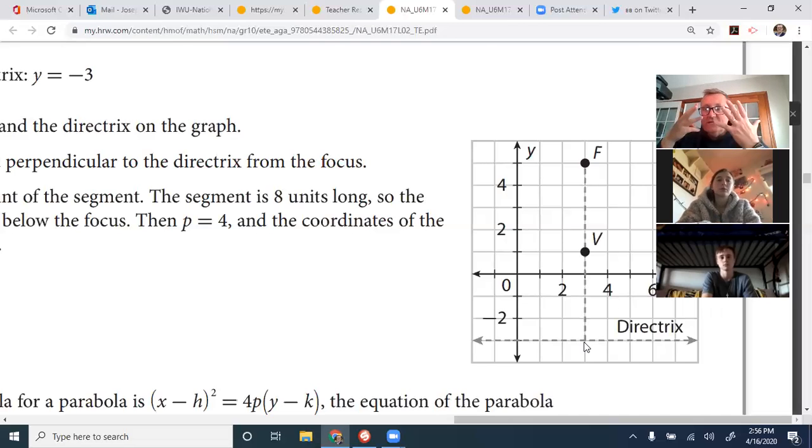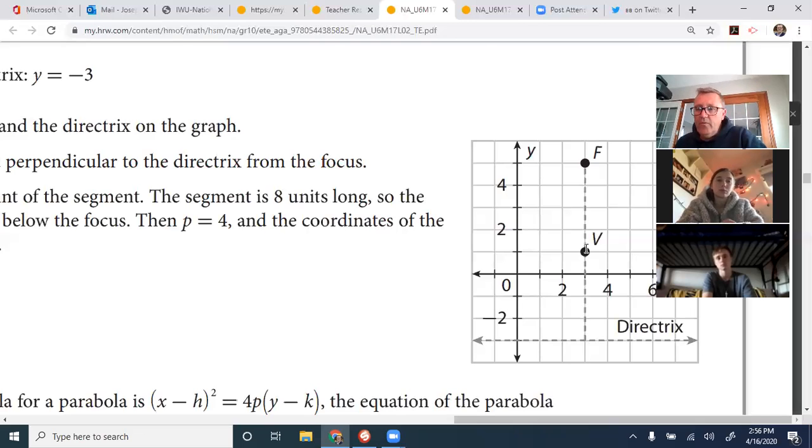So there are 8 units between the focus and the directrix. Does that make sense? That means the vertex is halfway. Why? Because it has to be equidistant. So we know that the parabola goes through this vertex some way, some shape. It might be really flat, it might be really narrow. I don't know yet, but we know that it goes there.